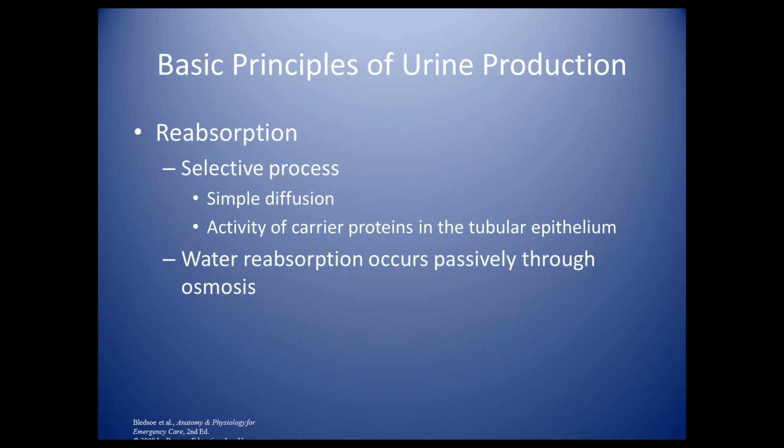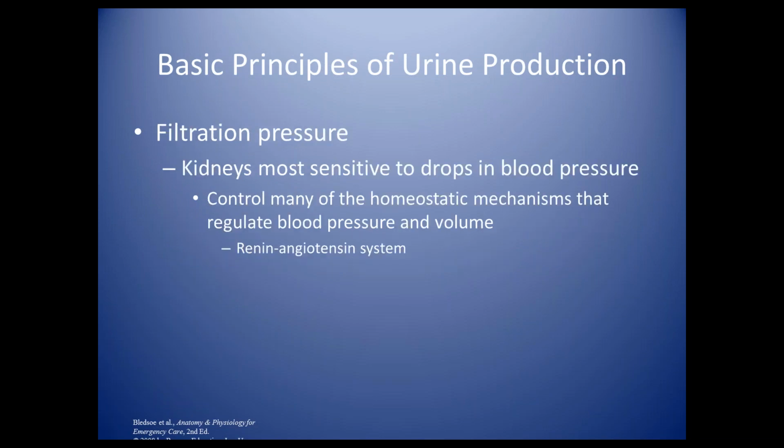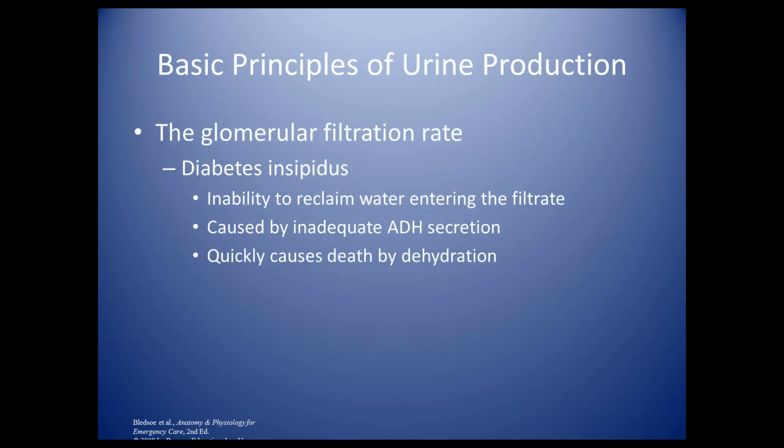This is also going to be our reabsorption. So this is where we're going to basically be retaining calcium, retaining sodium based on whether we need to maintain our blood pressure or not. Our main aspect of control of blood pressure, the kidney is going to be a huge aspect of that. Renin-angiotensin system is where it goes to.